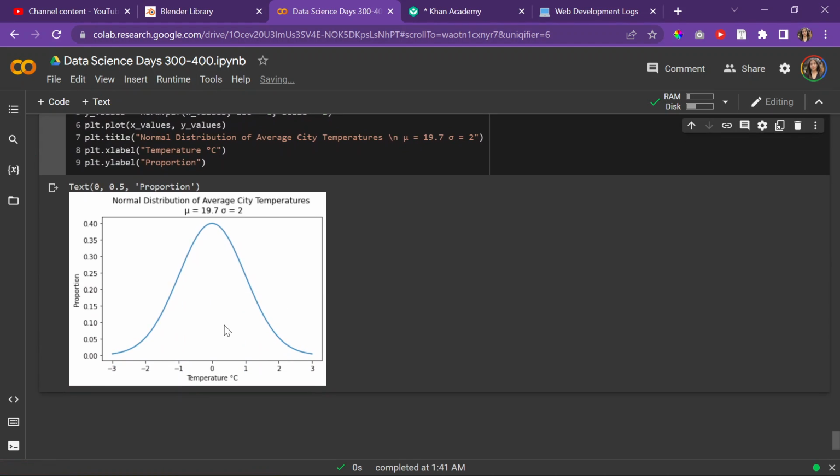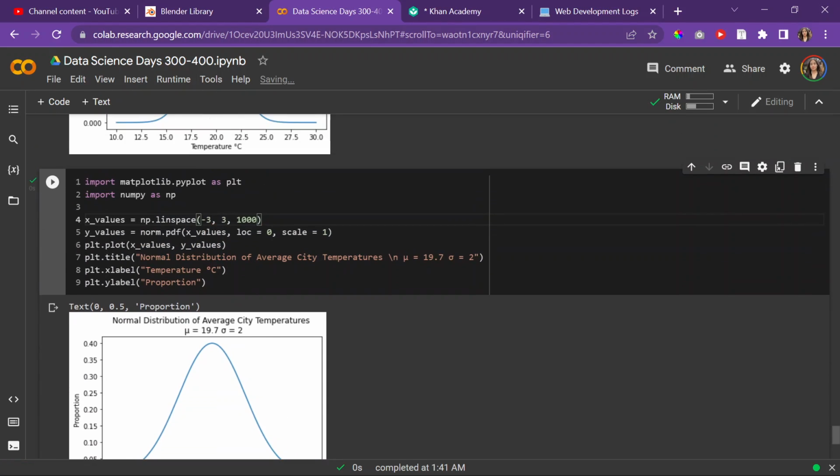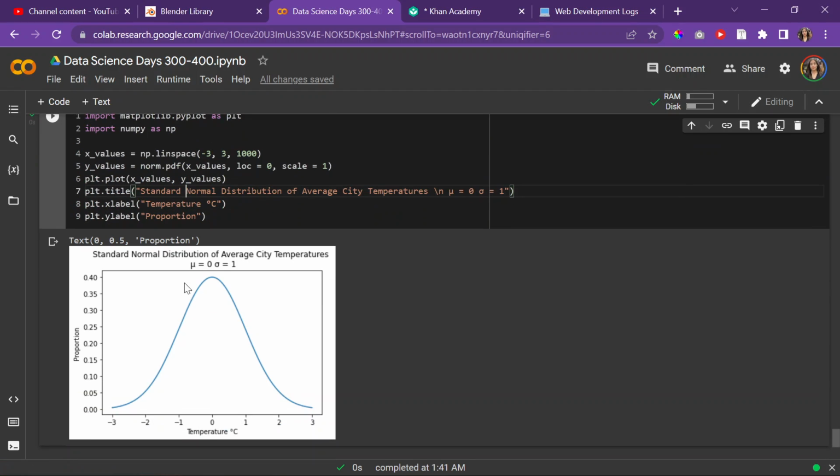All right, so that's how it would look, right? A normal distribution. Let me just change these values. So mu 0, and it's a standard normal distribution.